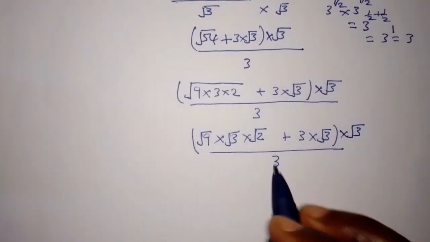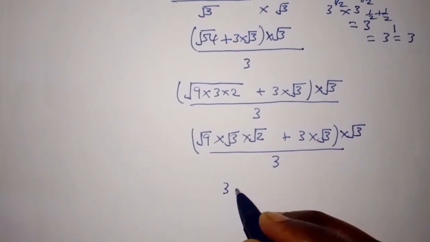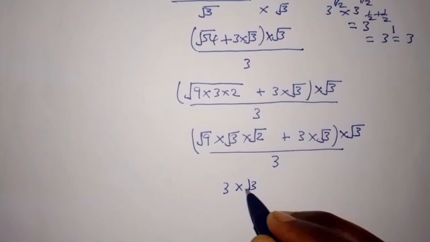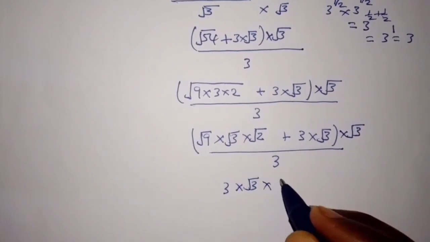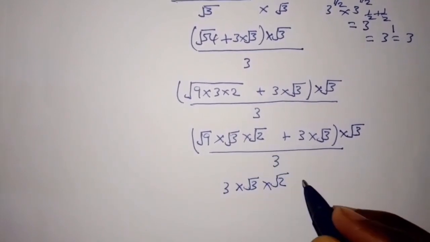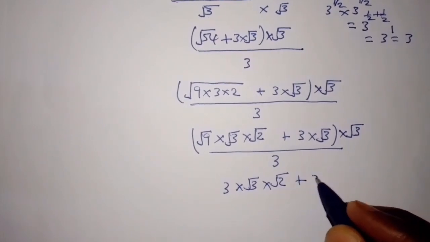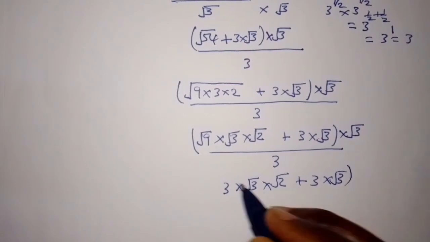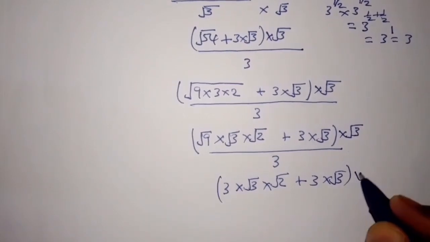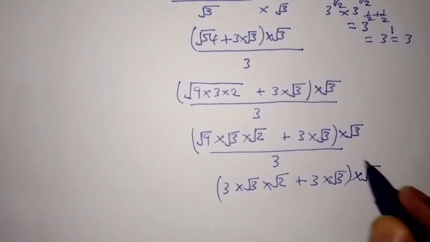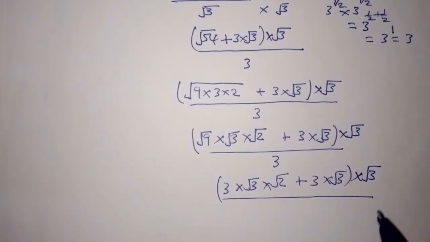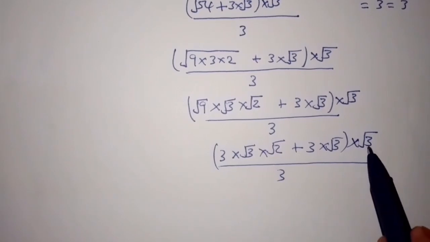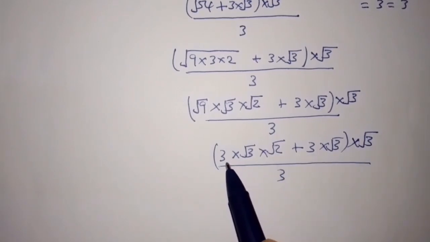Square root of 9 is 3, then we multiply by square root of 3 times square root of 2, plus 3 times square root of 3, we multiply by square root of 3 here, over 3. So now we open the bracket.